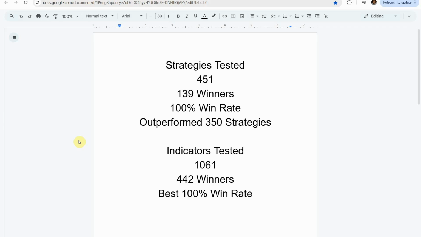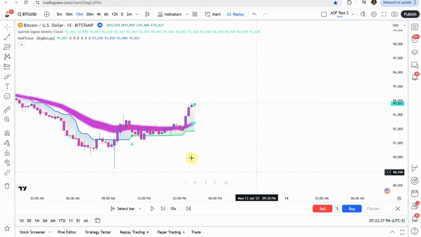That was achieved using the Academy of Forex indicator to trade the crypto scalping strategy that I'll mention in this video on a live trading account. And so far, since we've been keeping track, it has outperformed 350 of the other strategies that we have put it up against, every single one so far. We've also tested a total of 1,061 indicators, with 442 of them being winners.